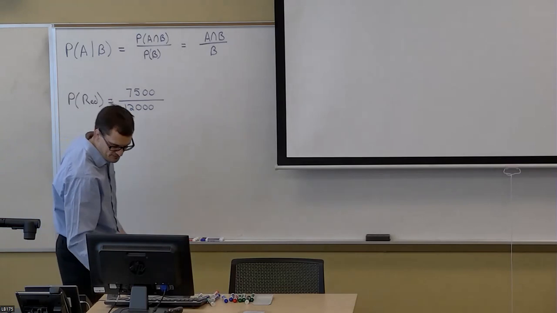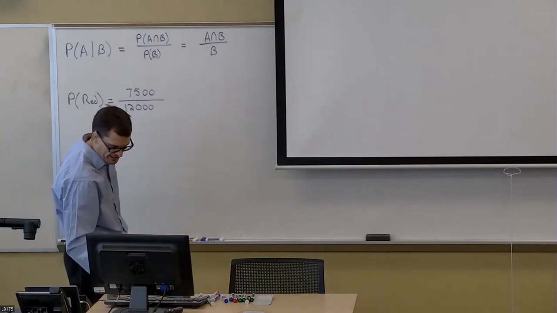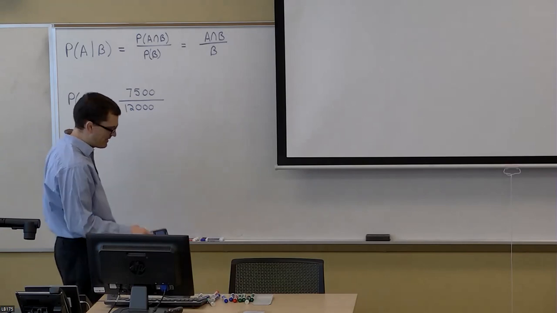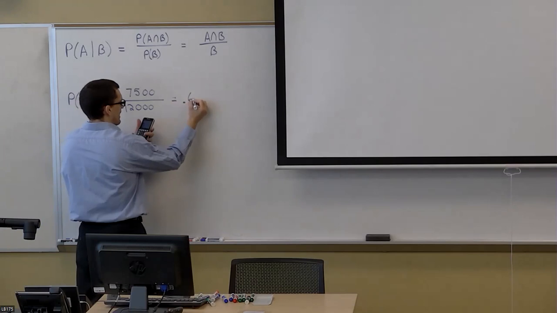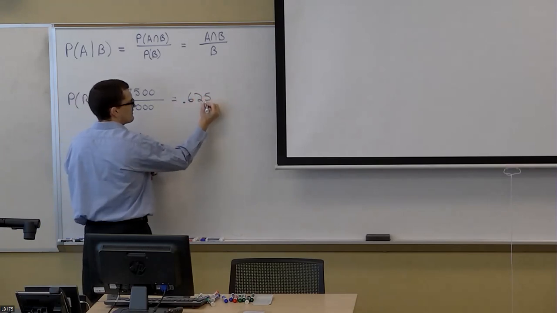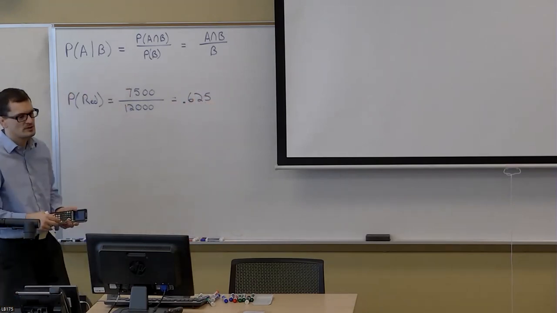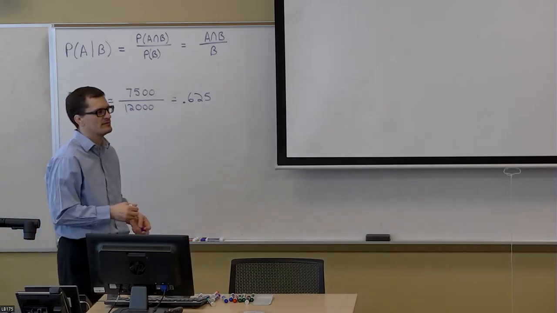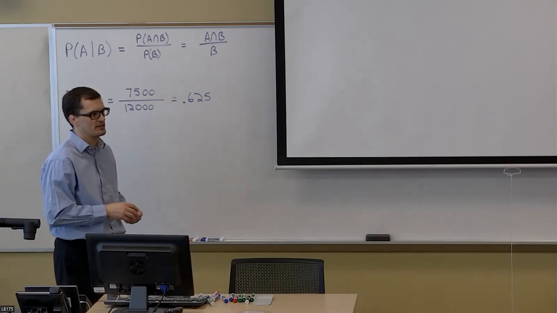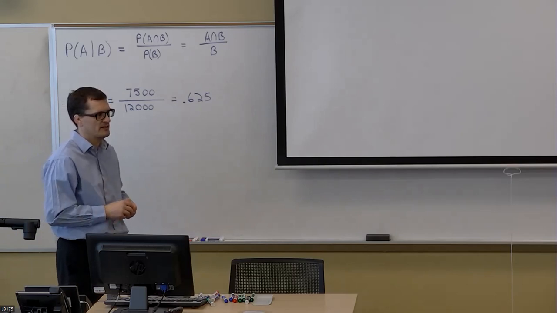And then again, if this were on Moodle, you might have to divide and get a decimal and write that as 0.625. Right? The decimal isn't the important thing. You can do that on the back end.